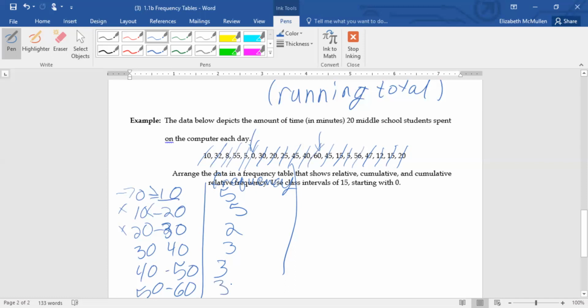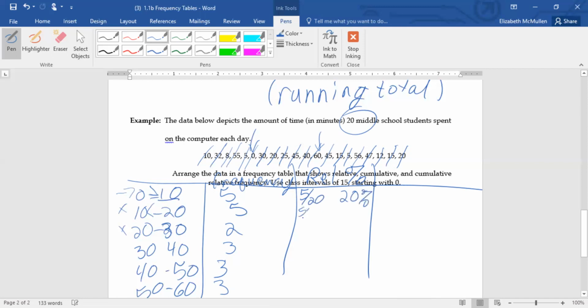All right, the relative frequency. So we're literally counting how many out of this. This is where we're going to figure our percentage. So this is relative. We know that there's 20 middle school students, so this is 5 out of 20, which is 20%.